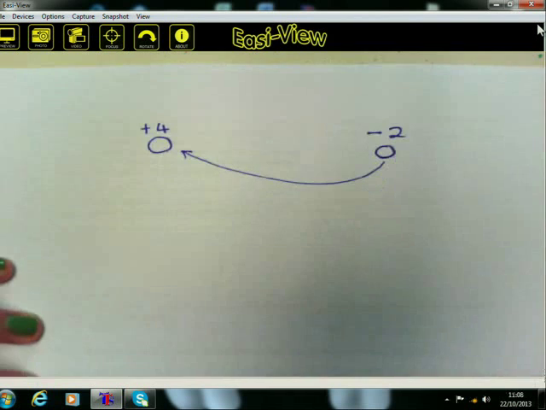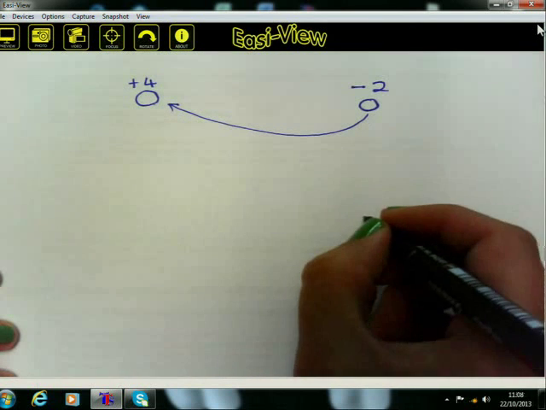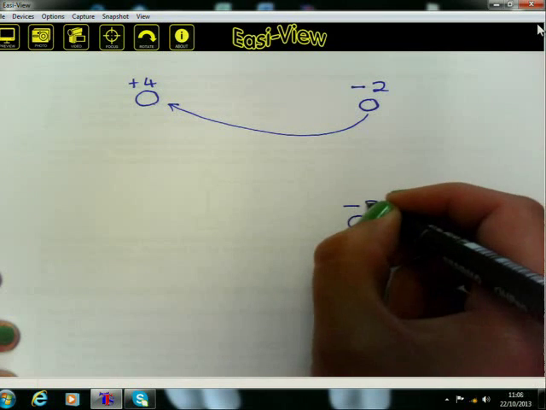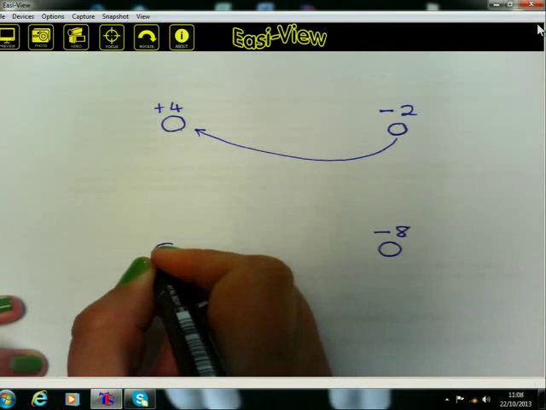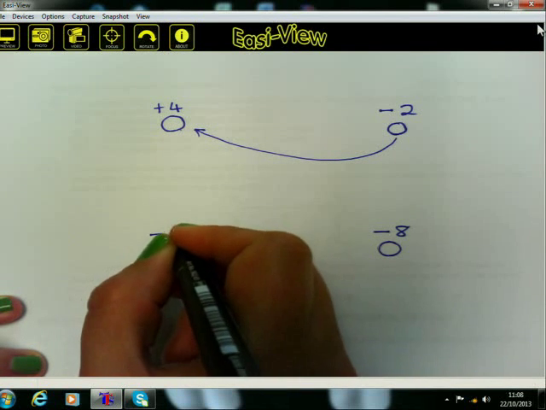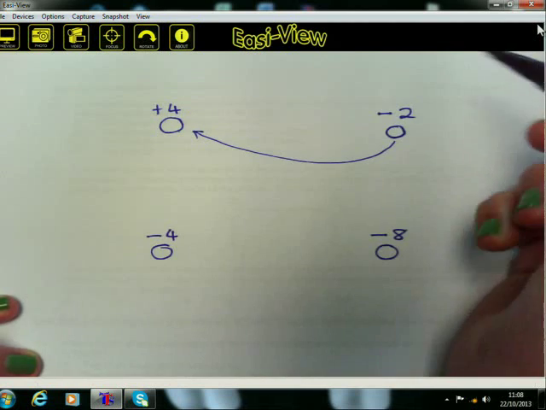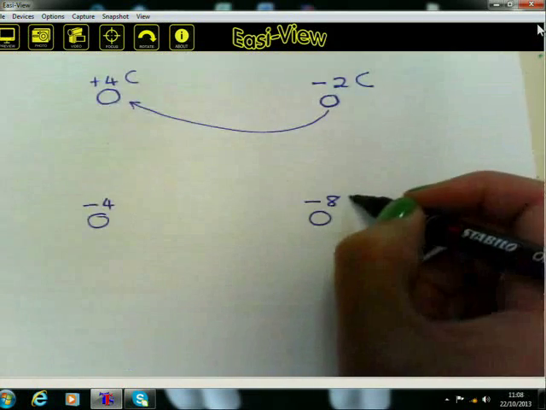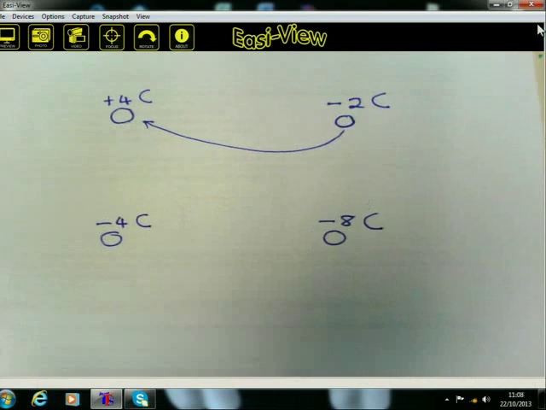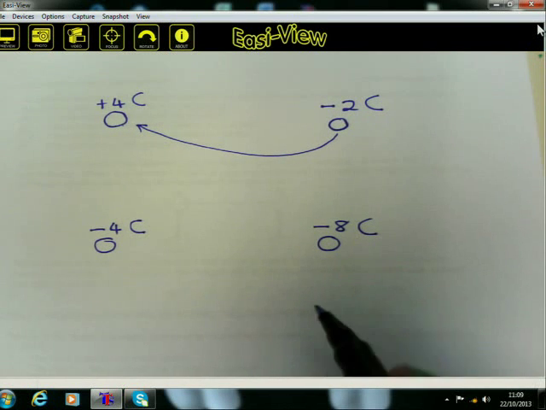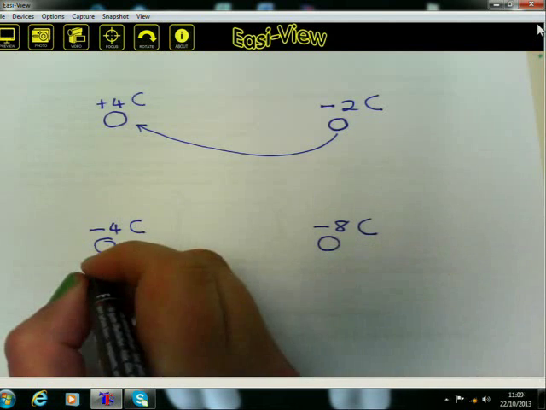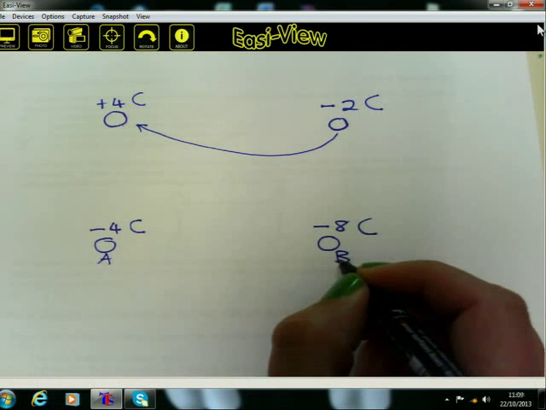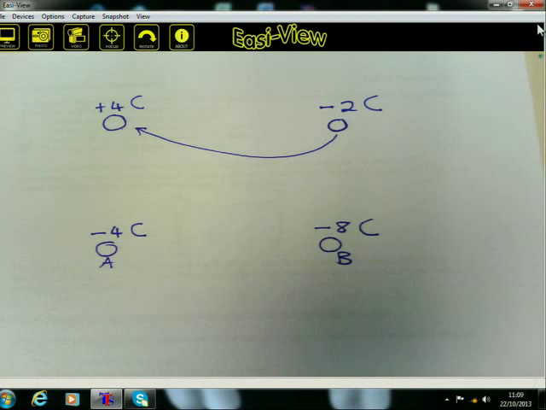Okay, what happens if we have two negative charges? Let's do one with -8 and one with -4. Remember, the unit for charge is coulomb. If we make it -8 and -4, where is charge going to move from? Let's make this one A and B. From B to A or from A to B?